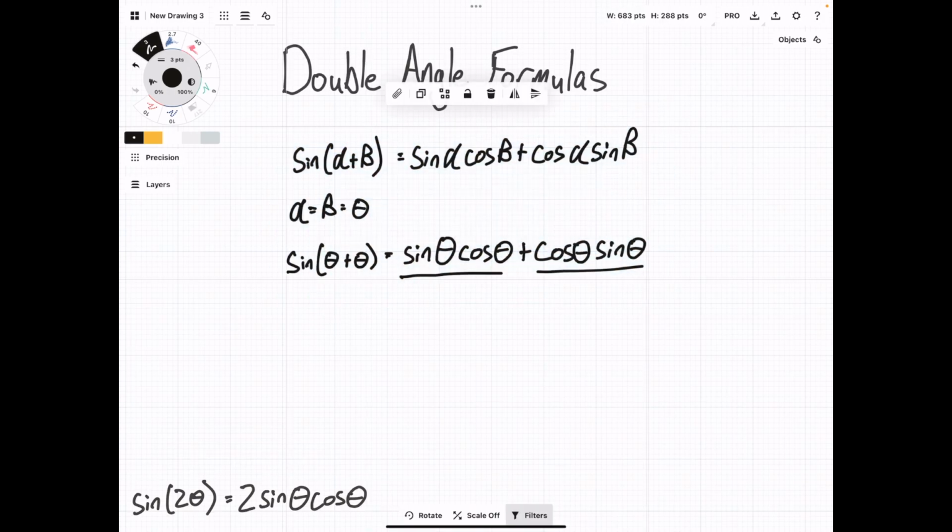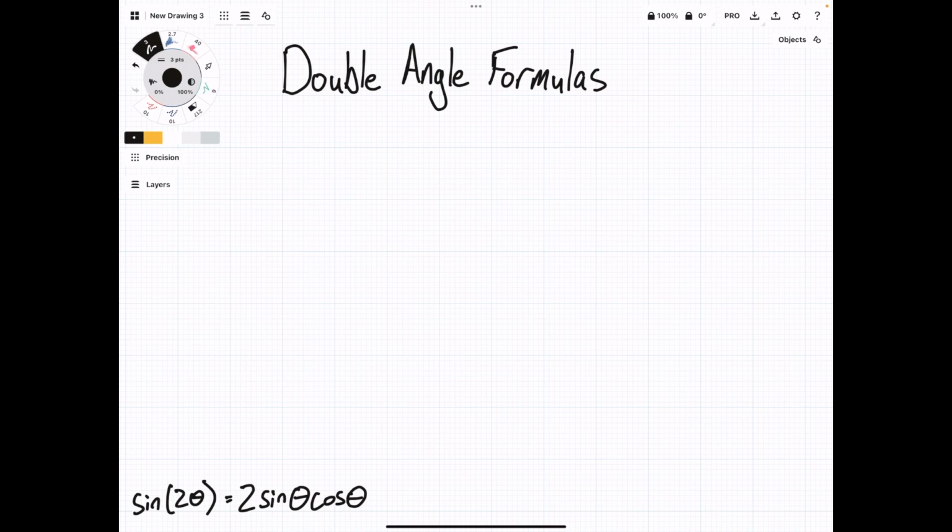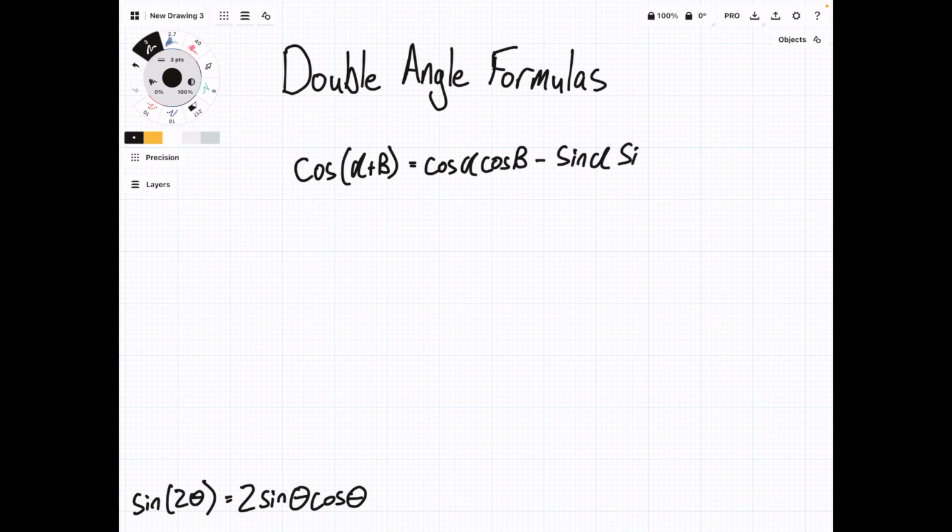Now we're going to start over, and this time we're going to do cosine. So the derivation begins with the sum formula again. Sum formula for cosine is cosine of alpha plus beta equal to cosine of alpha cosine of beta minus the sine of alpha times the sine of beta. Step 2, alpha is equal to beta is equal to theta.